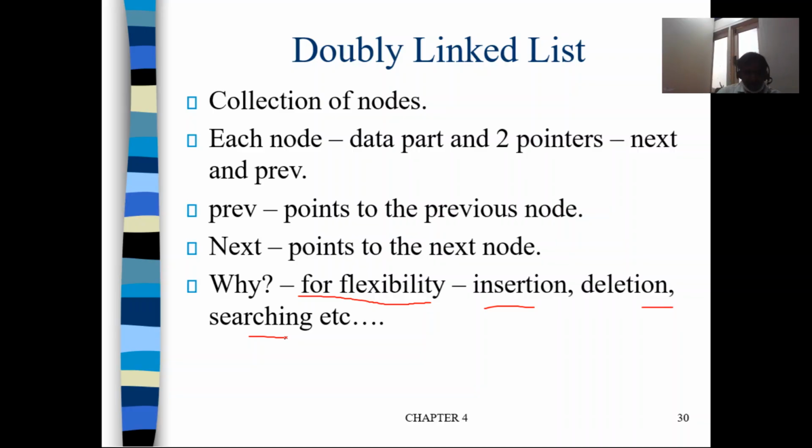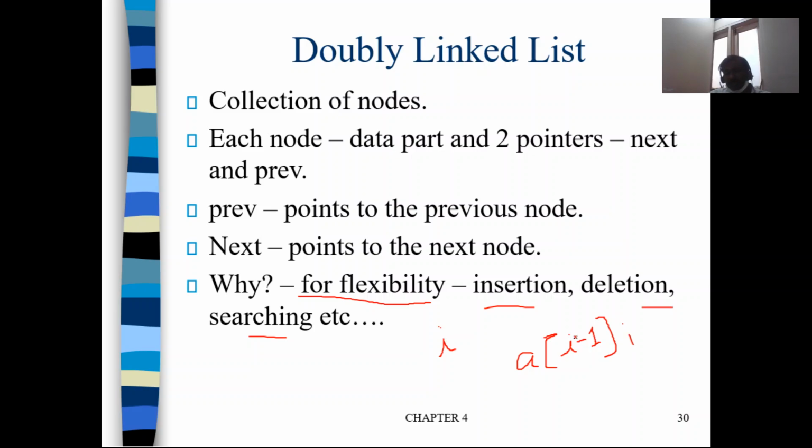For example, in an array, if you want to access the ith element, you can just access it like this, a of i minus 1, which will give you the ith element of the array, right? Because a of 0 gives the first element, a of 1 gives the second element, so a of i minus 1 gives you the ith element. It is as simple as that.